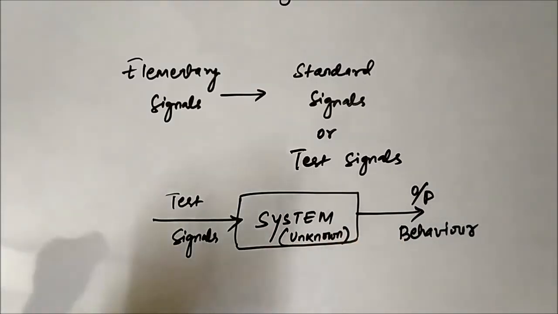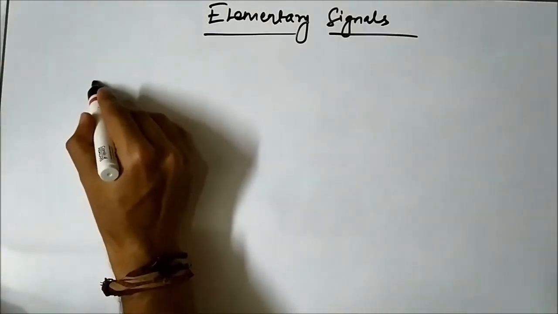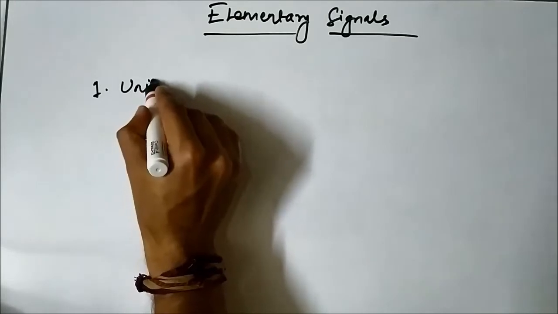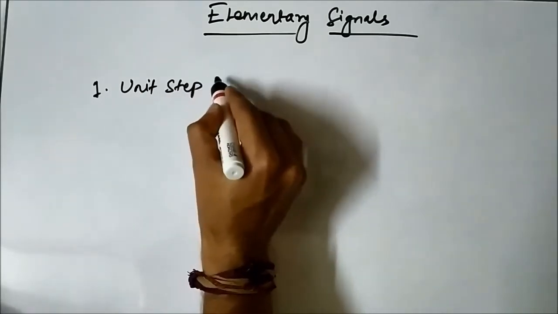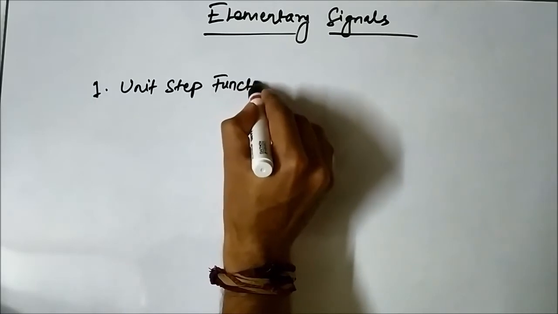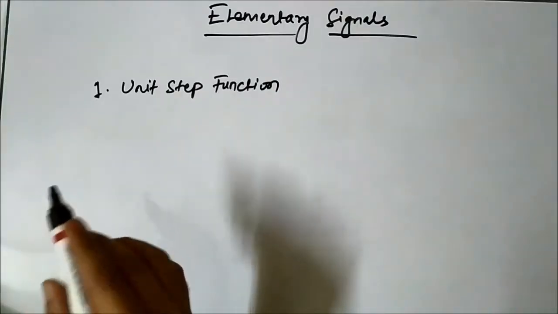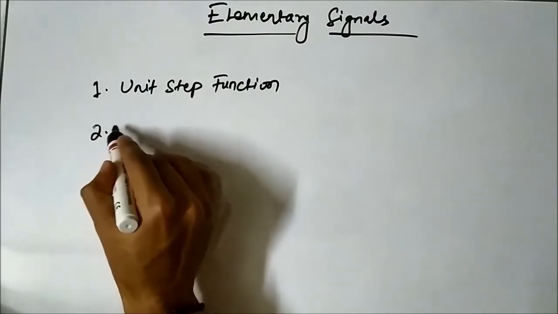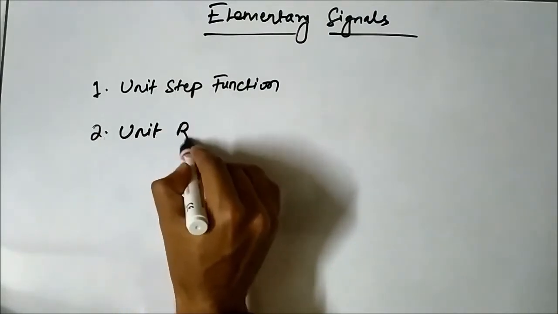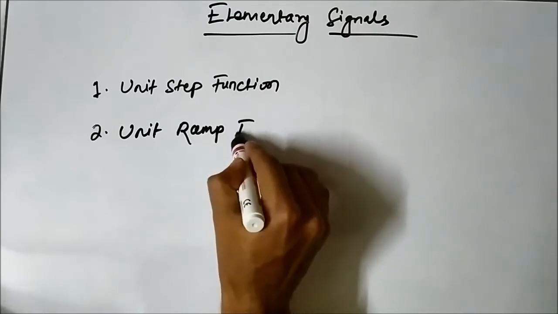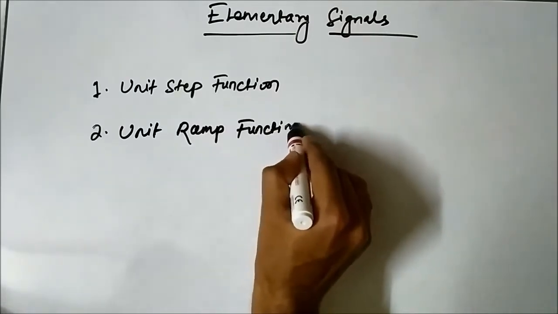Some of the basic elementary signals that are used for the analysis of systems are, first, the unit step signal or the unit step function. Then we have the unit ramp function.